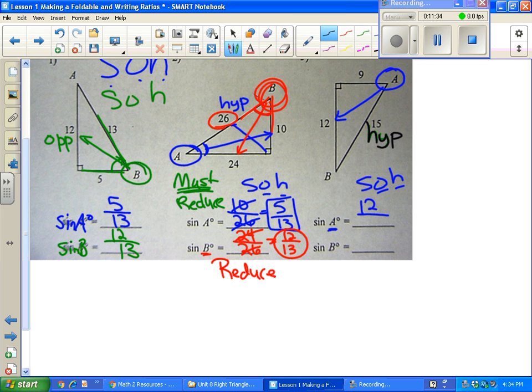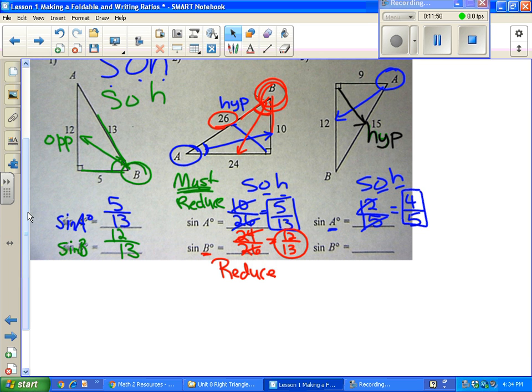This side right here is the hypotenuse. It's always across from the 90-degree angle, even if they twist the triangle up like they did here. So 12/15. Sine of angle A is 12/15. That can be reduced. 3 goes into 12 4 times, 3 goes into 15 5 times. 4/5. Make sure you reduce if possible.